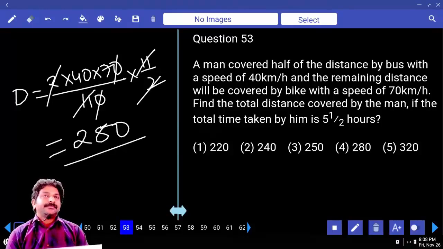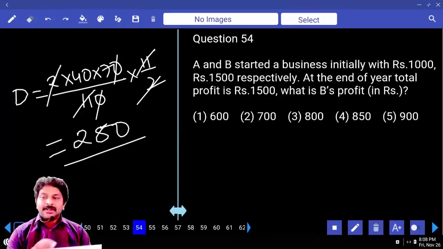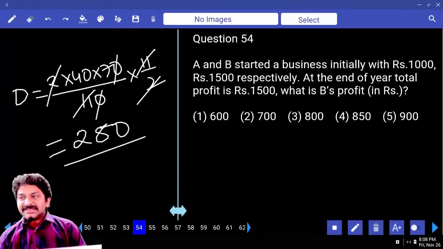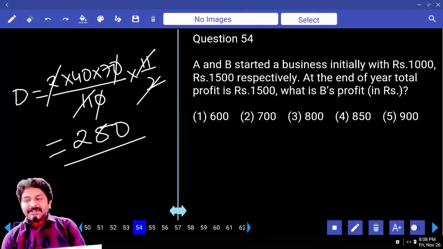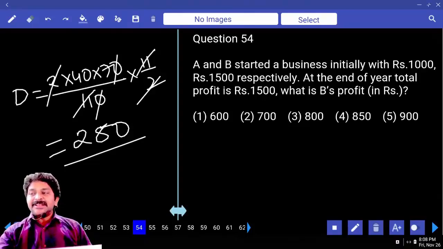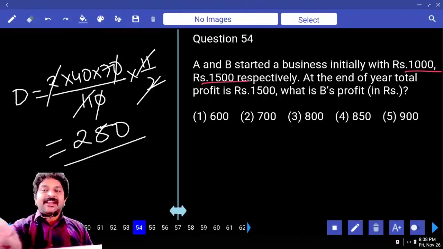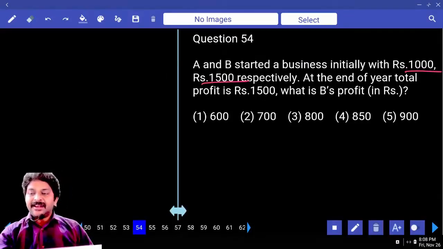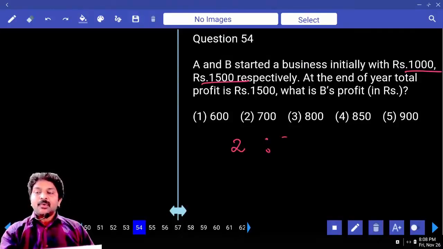Over. Next. A and B started a business initially with 1,000 and 1,500 respectively. At the end of the year, total profit is 1,500. What is B's share? So investments are in the ratio 1,000 and 1,500, right? Cancellation with 500. 2:3.